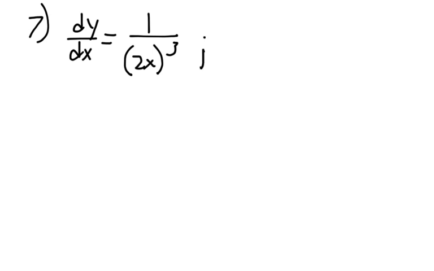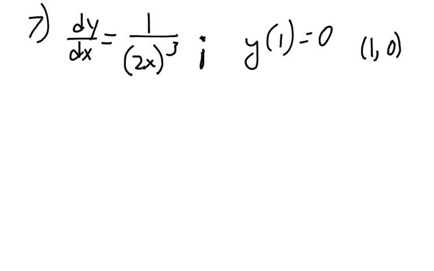And I'm going to tell you that the original function had y of 1 equaling 0. So this is basically like a point on the original graph. This would correspond to an x value of 1, y value of 0. Now, the object of this problem is to write the original equation, like y equals blah blah blah.